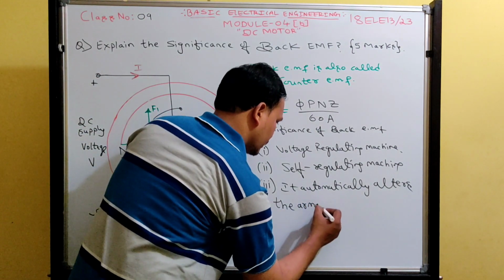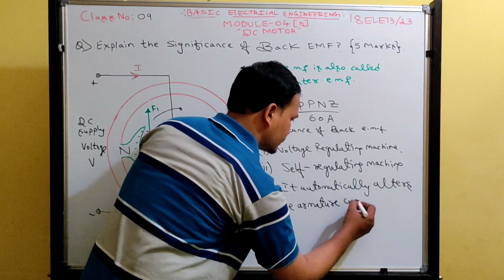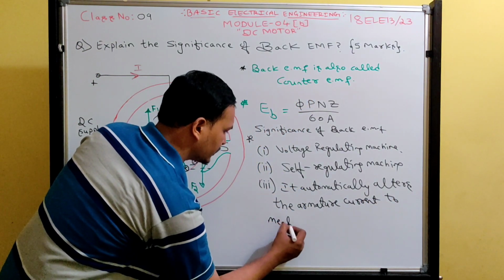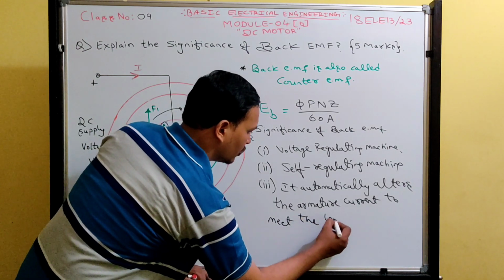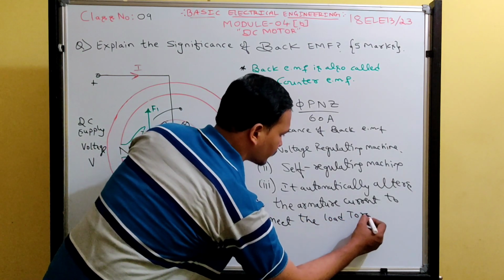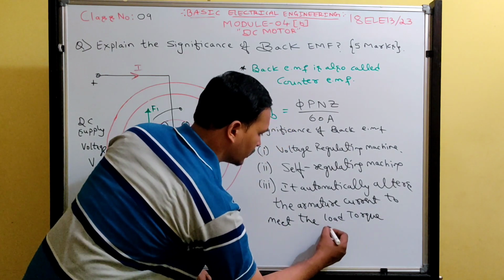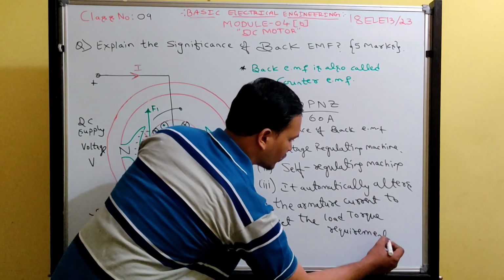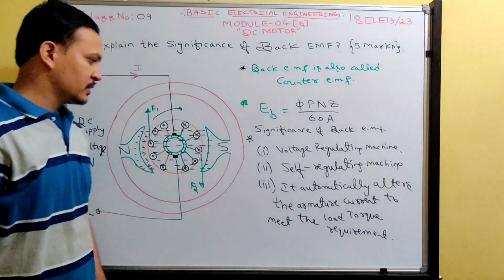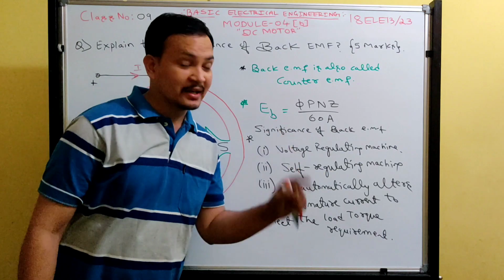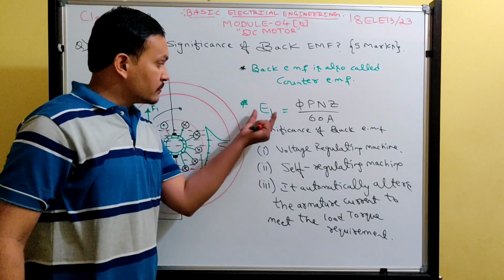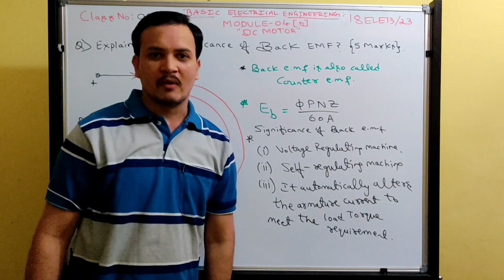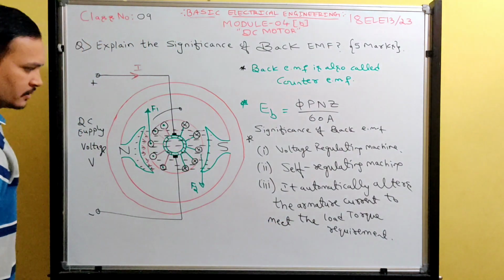It automatically alters the armature current to meet the load torque requirement or load requirement. This EB, this back EMF, will alter the armature current to meet the load torque requirement. That is point number 3.